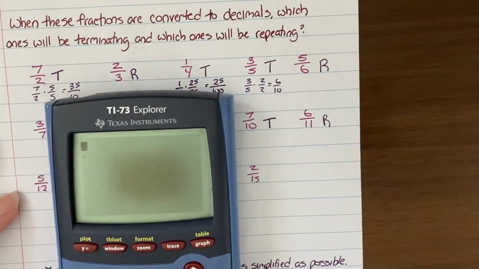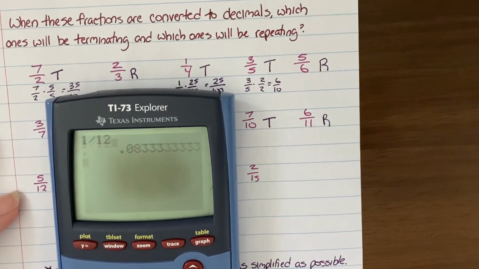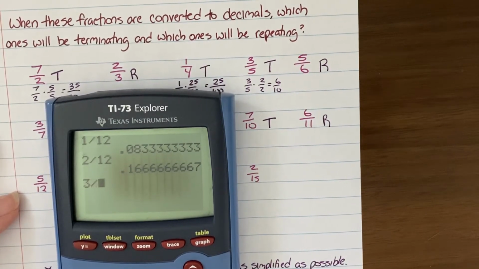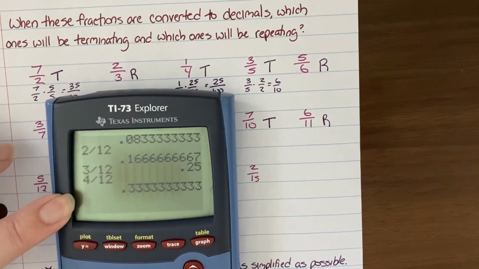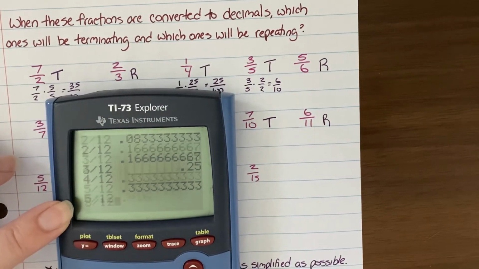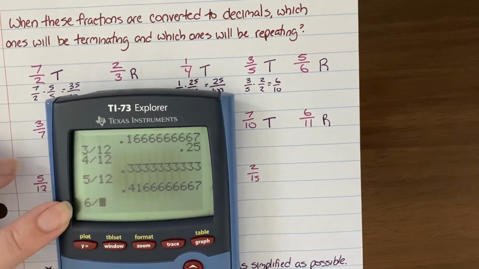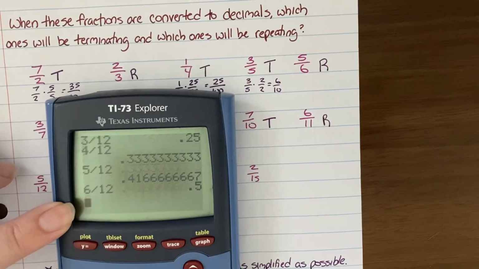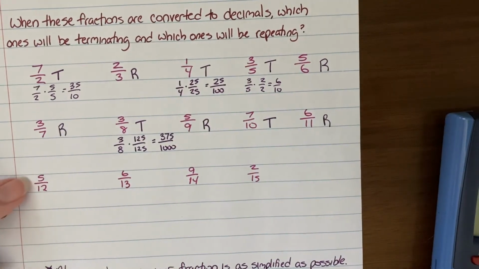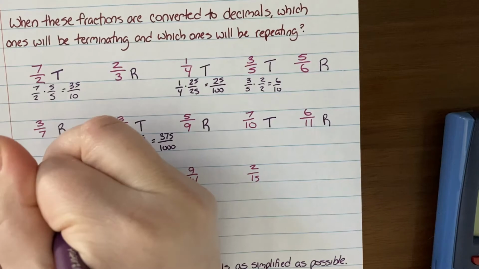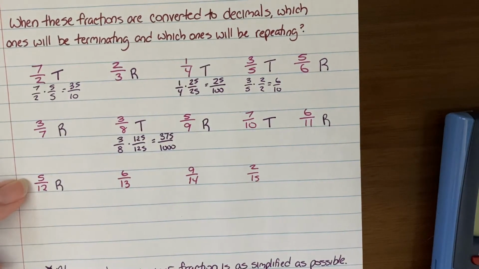So you're going to see here, if I do 1/12, that's repeating. 2/12, that's repeating. 3/12, though, is really 1/4, so it's going to terminate. 4/12, really 1/3, but it'll still be repeating. 5/12 ends up repeating. 6/12, remember, is really 1/2, so it's going to terminate. So be careful when you're dealing with 12 as a denominator, because you need to make sure that it's reduced all the way before you say, oh, I know it's going to be a repeating decimal.